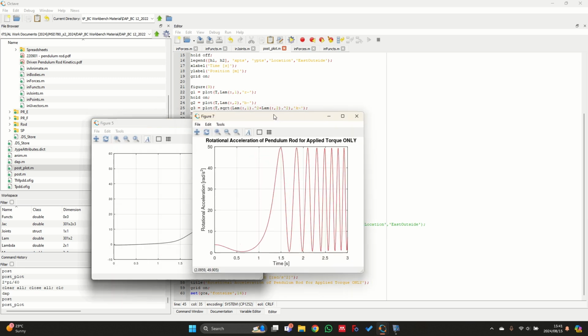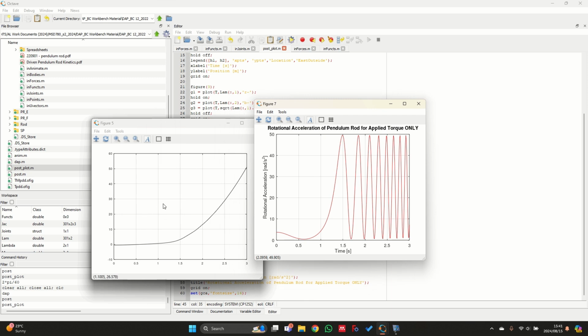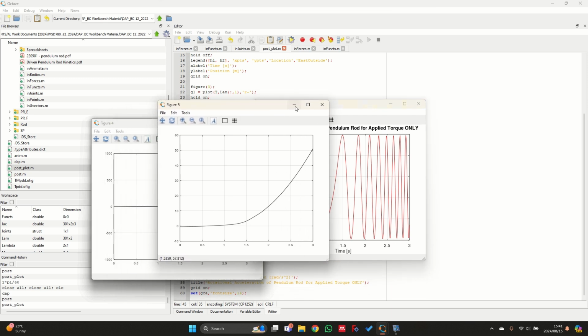Okay, so the other properties remain more or less the same. The curvature looks more or less the same. For the angle, we once again start at minus 30 degrees, or minus pi over 6, on this graph, and we go up to just above 50 radians over here.